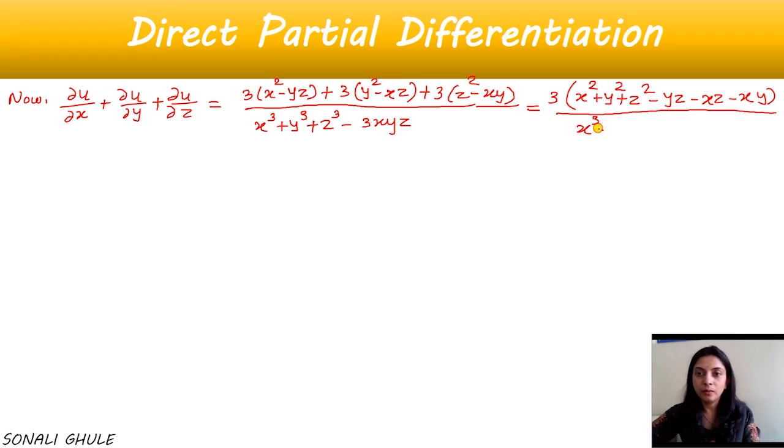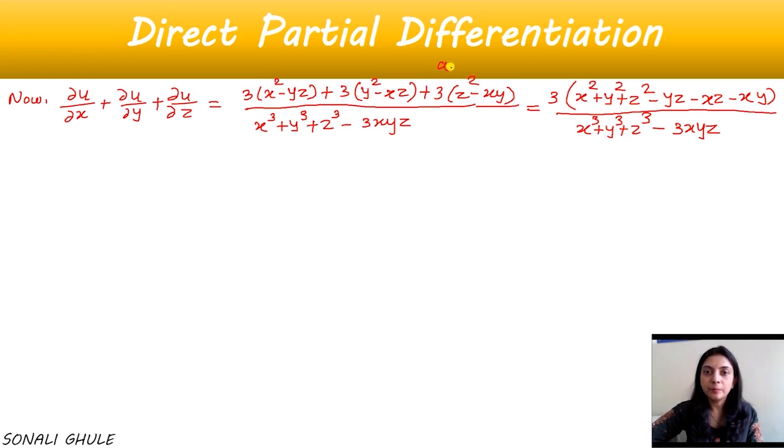x cube plus y cube plus z cube minus 3xyz. Okay, but here now if you see, I can use the result for this x cube plus y cube plus z cube. I have a formula. Okay, what is the formula?